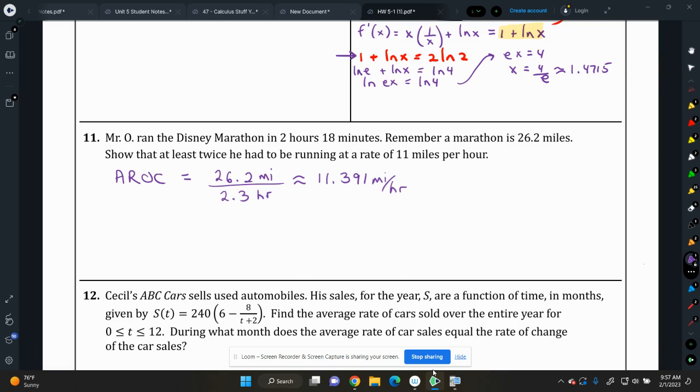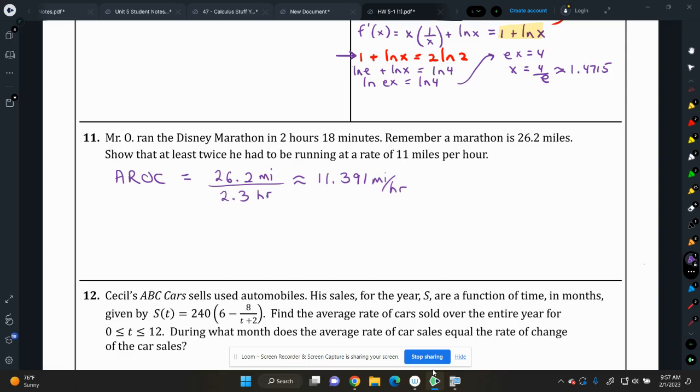So what does this mean? Show that at least twice he had to be running at 11 miles per hour. Think it through, right? If his average velocity is 11.391, first off, would this be a continuous function? Yeah. He can't jump from one speed to another speed. He's not teleporting.